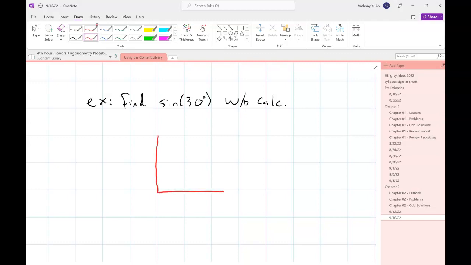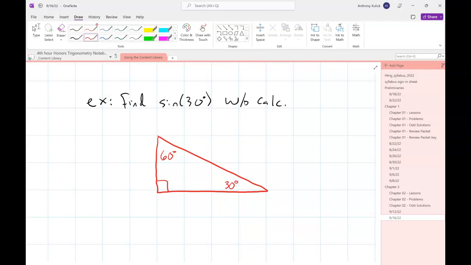Drawing a picture. Okay, so here's my right triangle. There's a 30-degree angle. What now? Great, so the other angle needs to be 60. Wait a minute. That's one of the special right triangles. That's the 30, 60, 90 triangle.